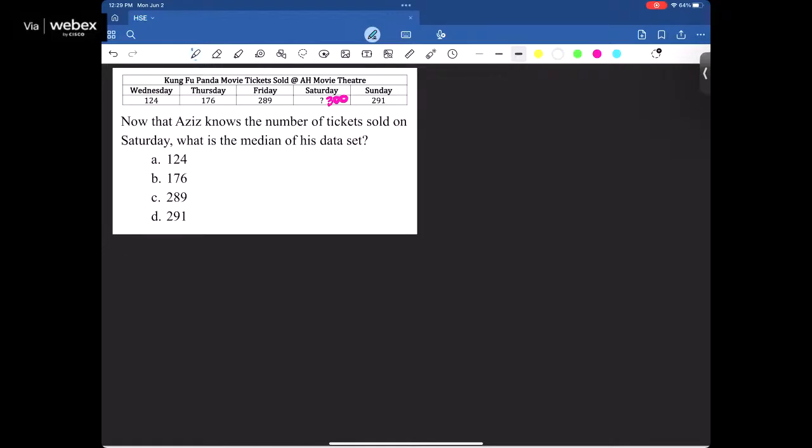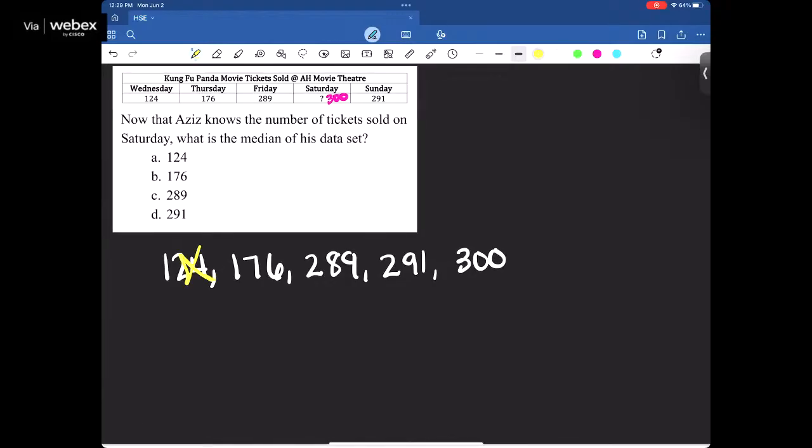Here we go. Let's put them in order: 124, 176, 289, 291, 300. This is an odd set, so we'll have a pretty clear median, eliminating the sides to find the middle. And our median is 289.